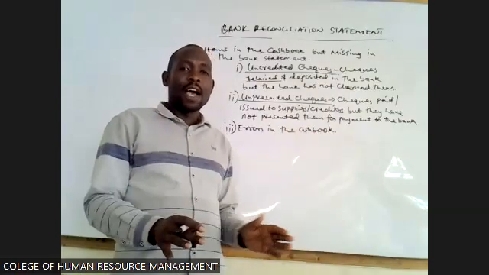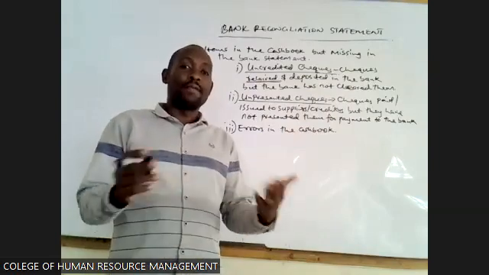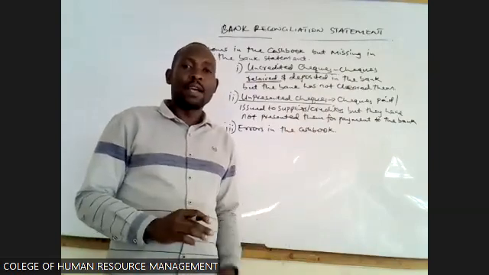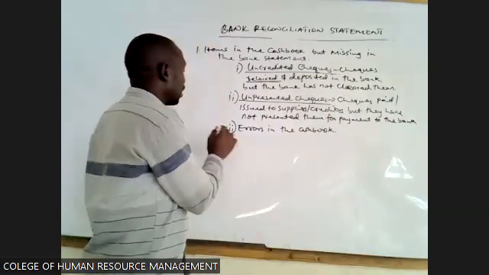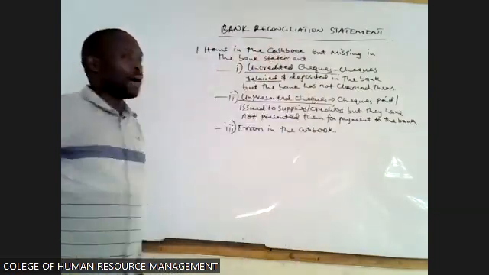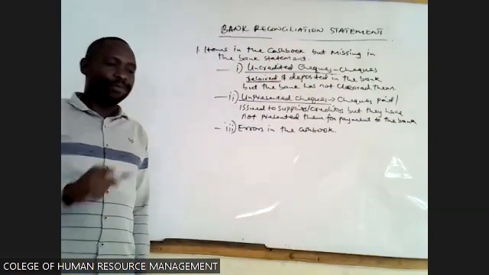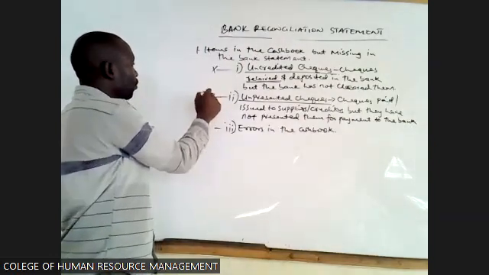Those errors are also going to make the cash book and the bank statement balances differ. So these three items normally appear in the cash book, but they are not in the bank statement. Of importance to note these two.